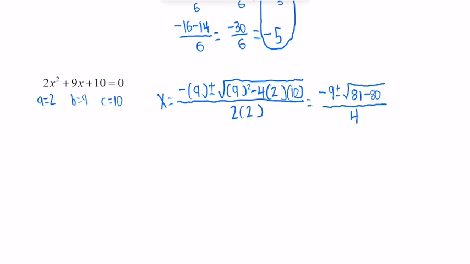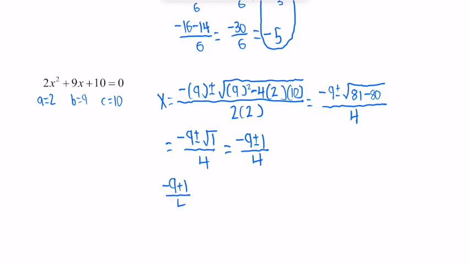When we subtract the numbers under the square root, this leaves us with negative 9 plus or minus the square root of 1 over 4. And the square root of 1 is 1. So we have negative 9 plus or minus 1 over 4. And because it's a plus or minus, we can write it as each one separately.